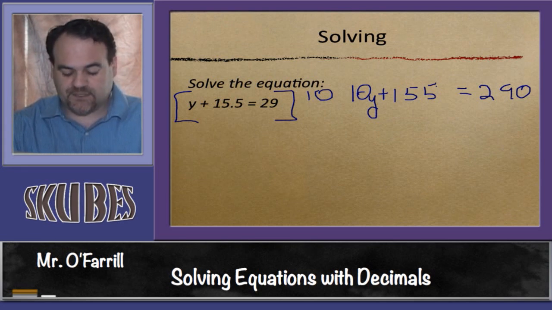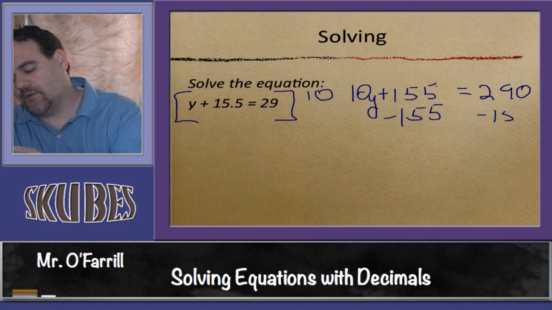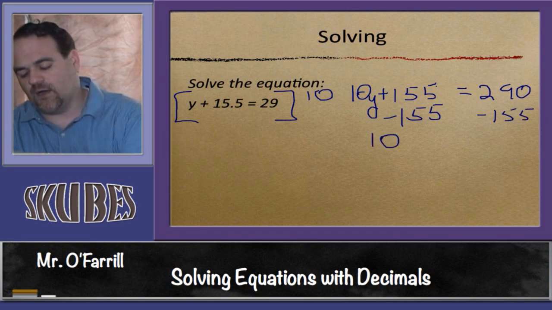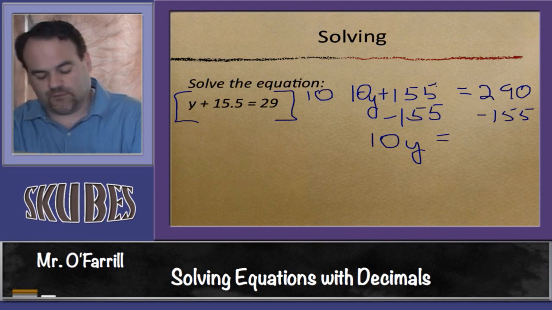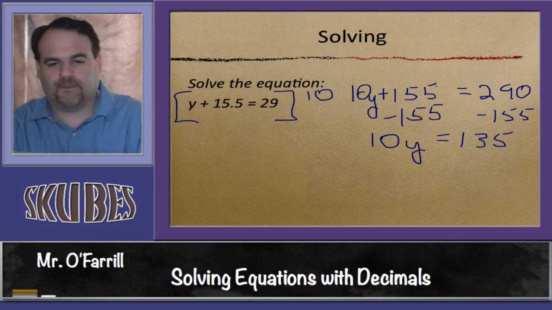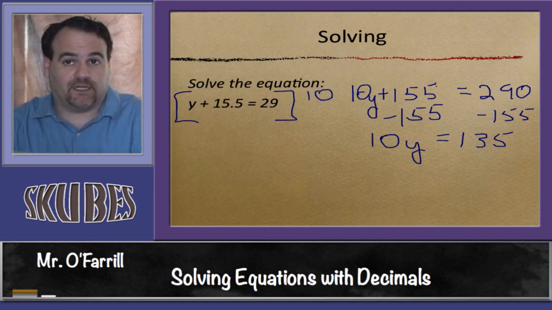Well, we're going to do the opposite of addition, which is subtraction. Subtract 155 from both sides. We're saying that 10y equals 135. But now we have an extra step because we multiplied everything by 10.